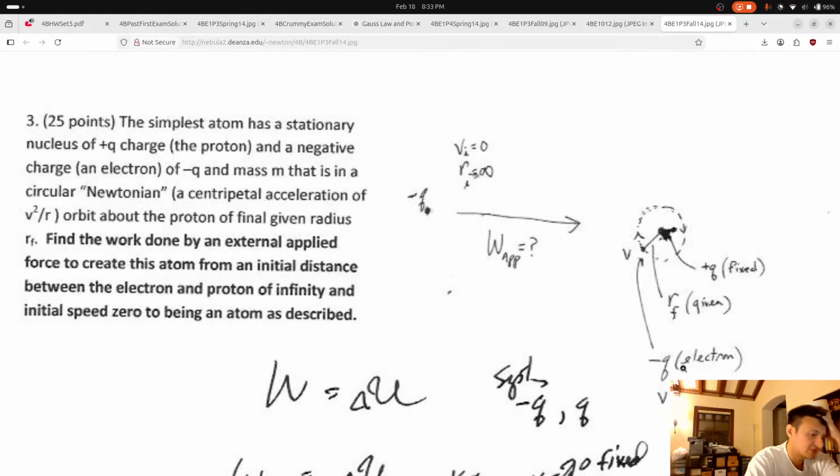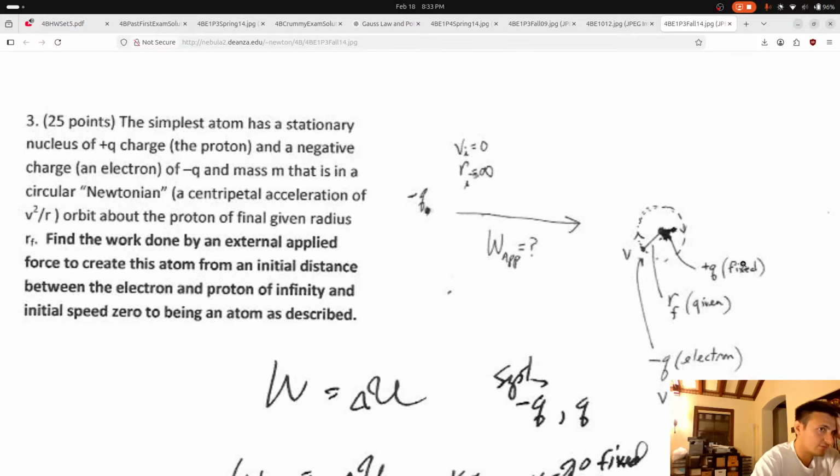Yeah, so the electron has mass. The nucleus doesn't have any mass. Well, in this problem because it's fixed. So we can get the force. Oh, this problem is hard, dude.